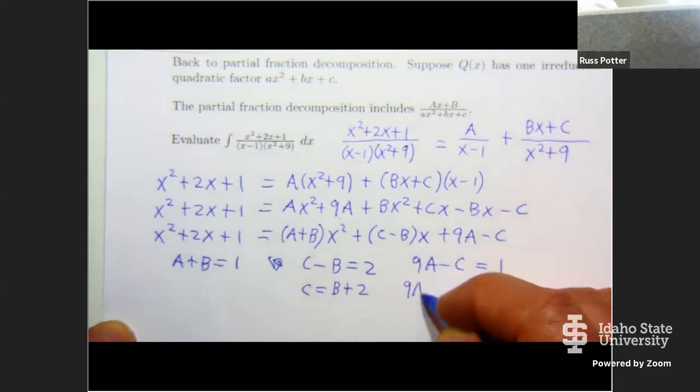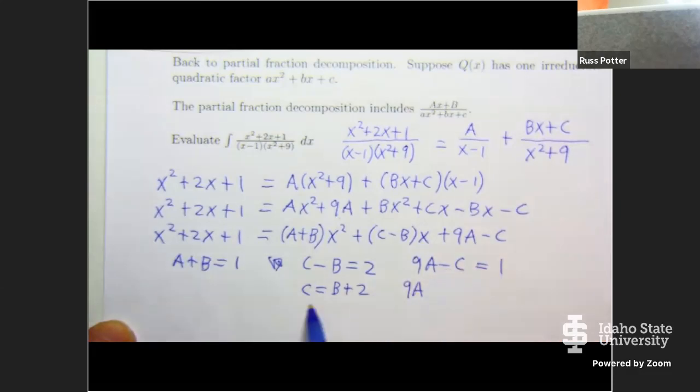So we get 9a minus c, so minus b minus 2 equals 1. And then add 2 to both sides, we get 9a minus b equals 3.